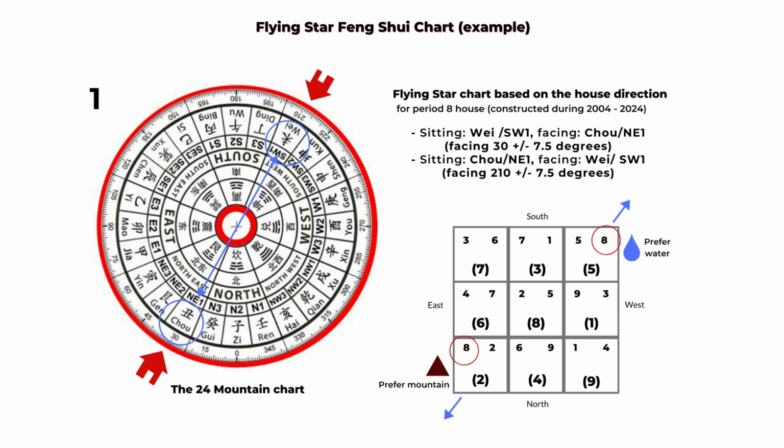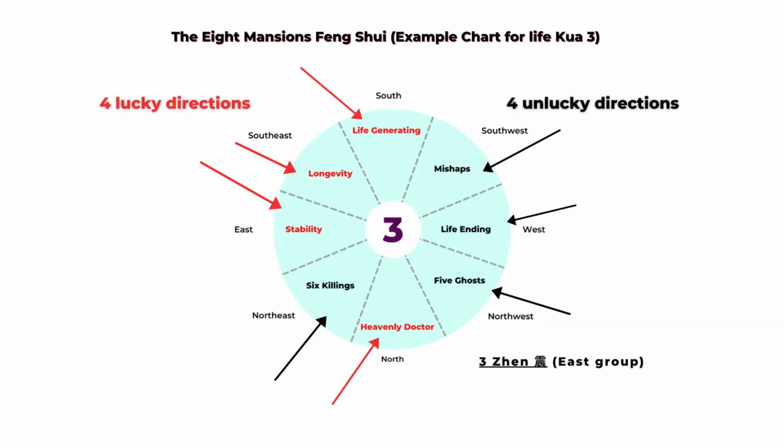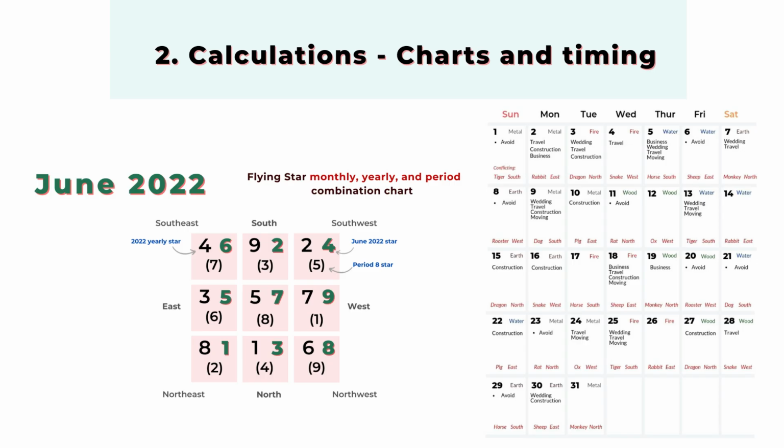And other popular Feng Shui charts include the Bazai, the 8-mansion style Feng Shui. And these charts give you more specific details inside the house. So you can check the star's location of certain time period and try to see more Feng Shui details.